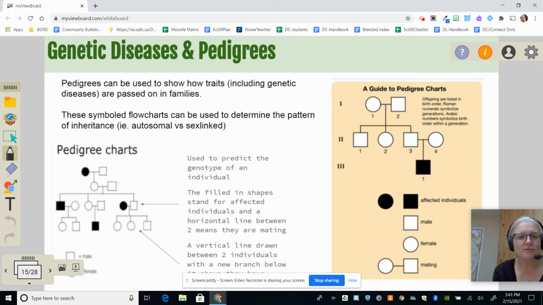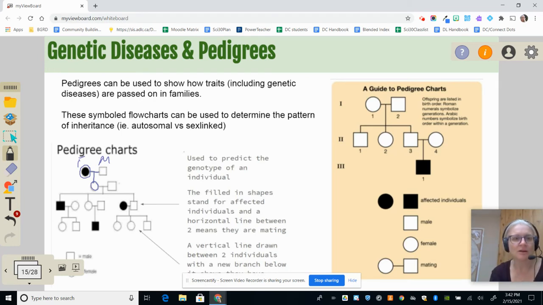Basically, first off, a circle is a woman, so a female, and a square is a male. If there's a horizontal line between them, that means they're married. If there are lines coming down from their marriage line to another male or female, that would be offspring, a daughter or a son.